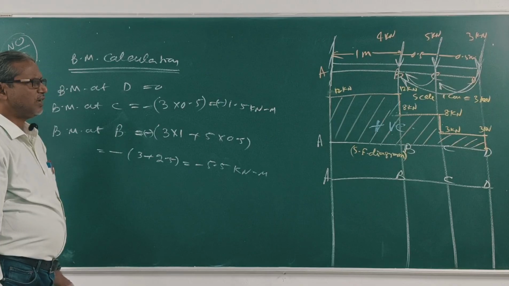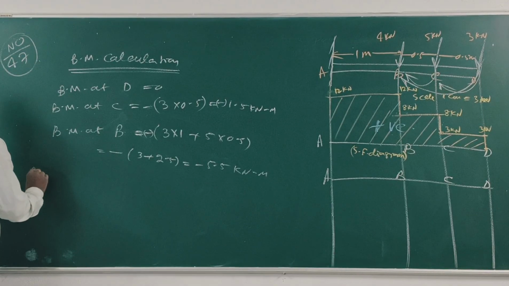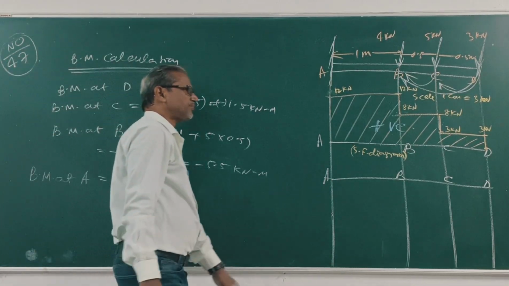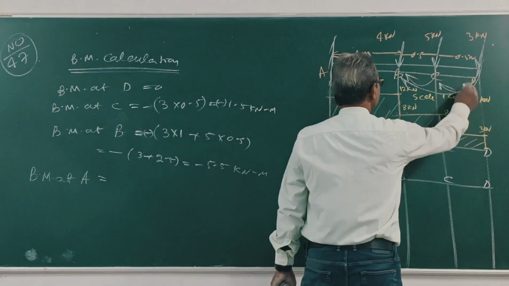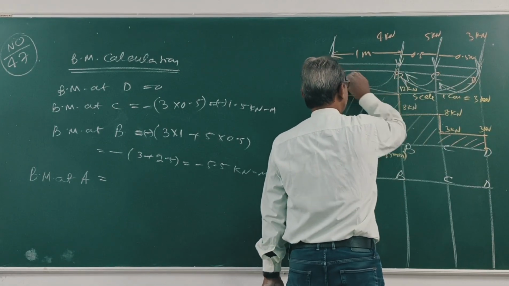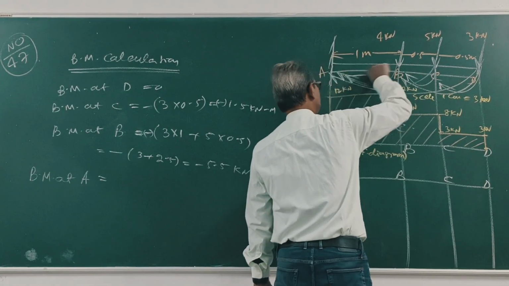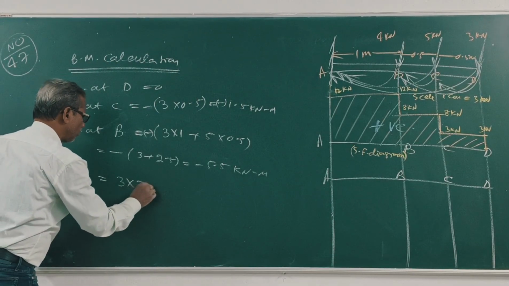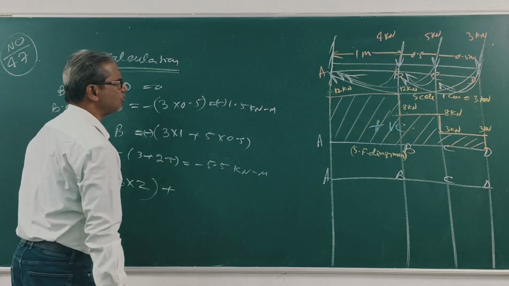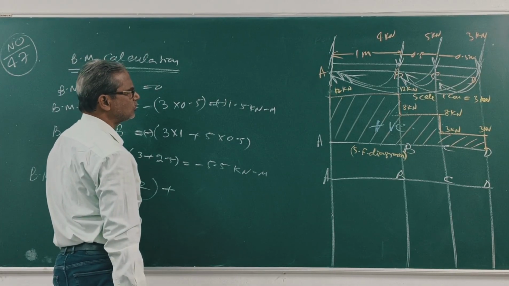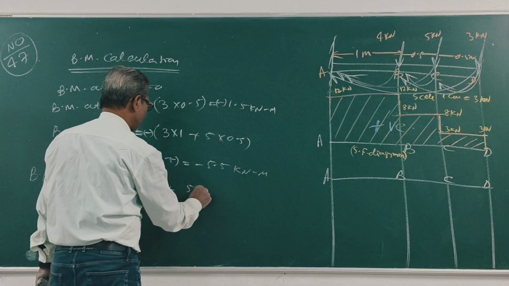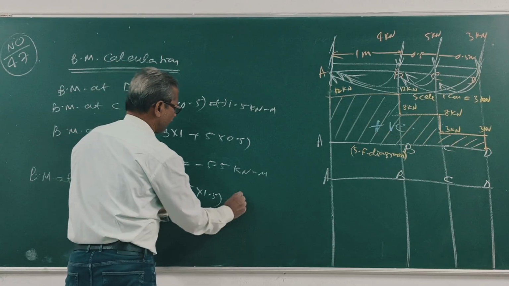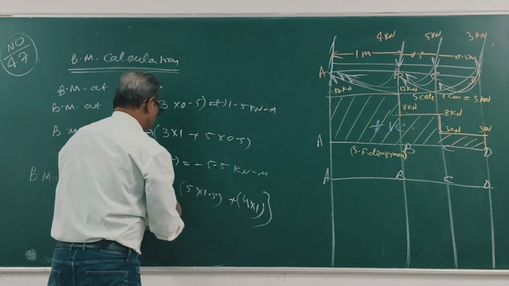Now at A: 3 into 2, 4 into 1, 5 into 1.5. 3 into 2 plus 5 into 1.5 plus 4 into 1, all are negative.